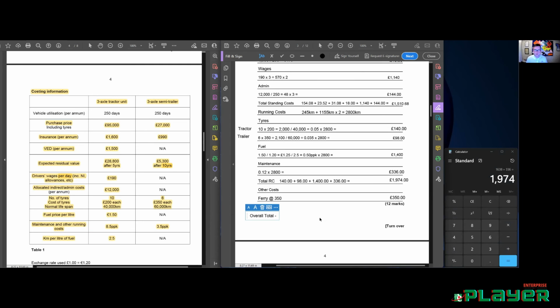So I'm going to take my standing costs of 1510.68, and add my total running costs of 1974, and my ferry cost of 350. 1510.68 plus 1974 plus 350 gives me a figure of £3,834.68.